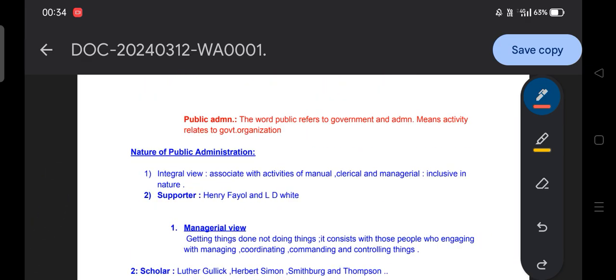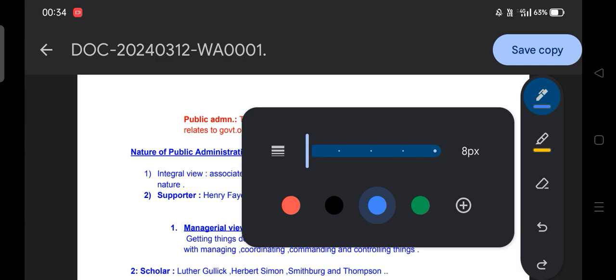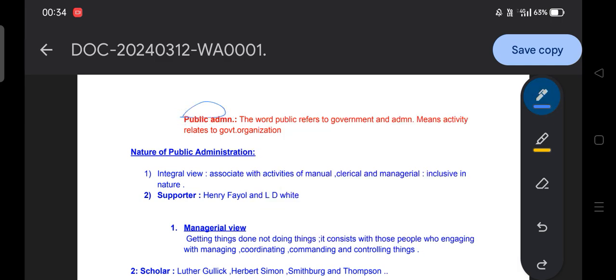Lastly, with respect to the definition, in public administration the word public refers to government. You know the state has four pillars: government, population, territory and sovereignty. So government is the part of the state which is related to the public. Hope you understand.